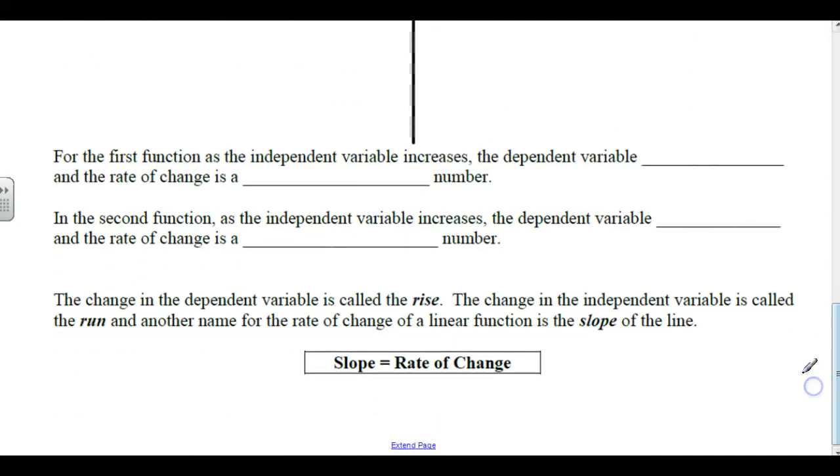For the first function, as the independent variable increases, the dependent variable increases. And the rate of change is a positive number. In the second function, as the independent variable increases, the dependent variable, let's just take a quick look.